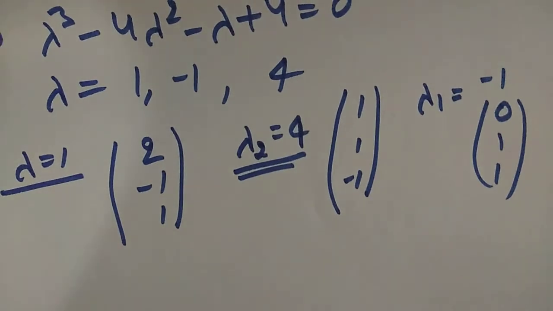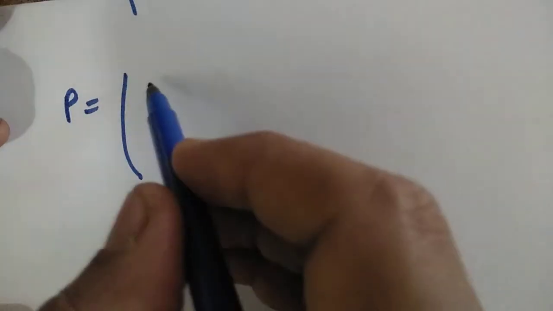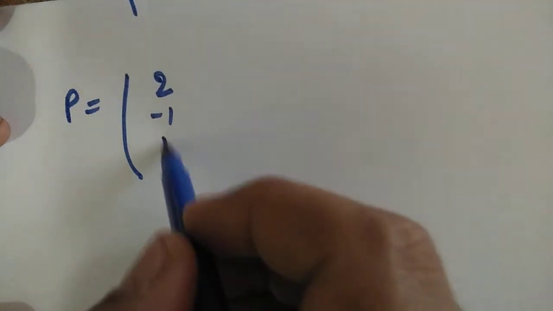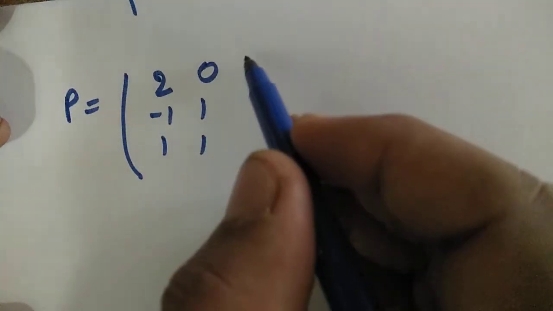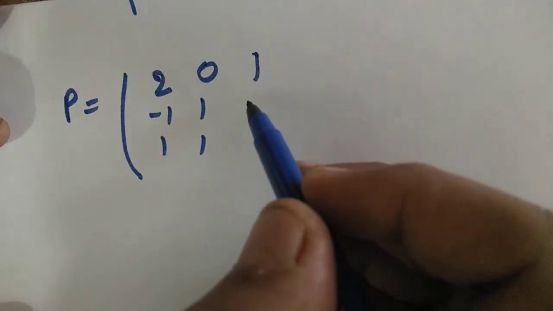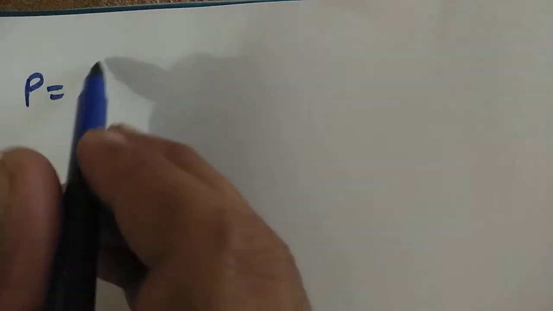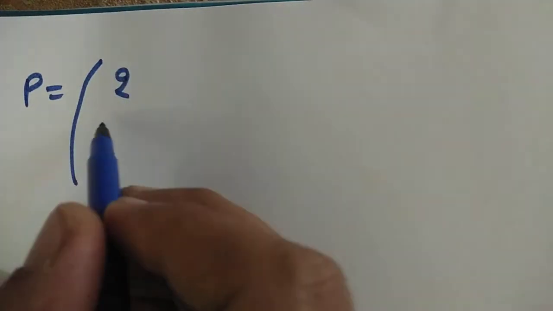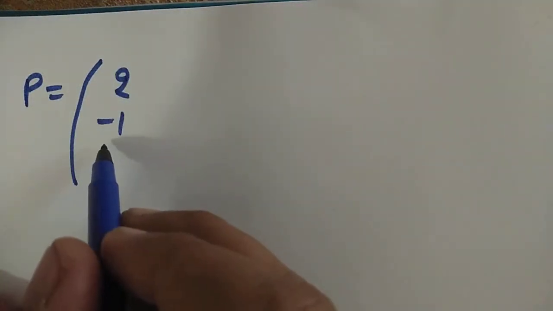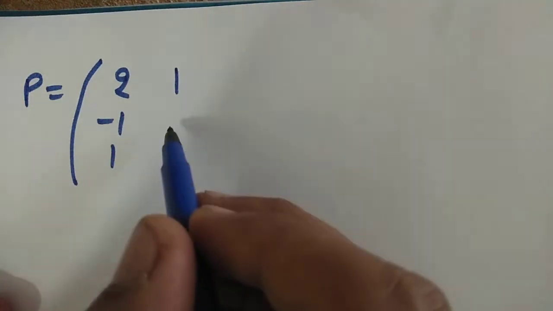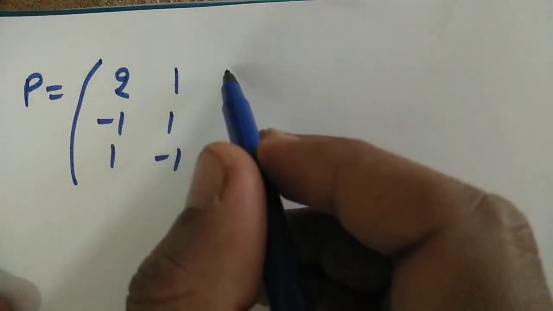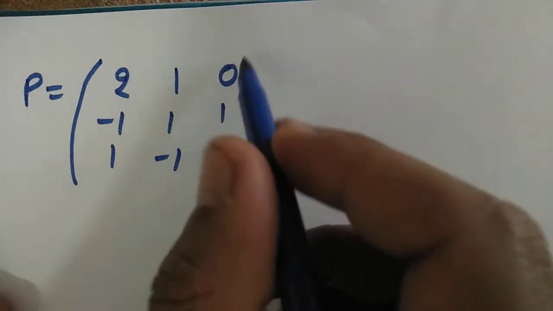Let us write the model matrix P. The model matrix P will be 2, minus 1, 1, 1, 1, minus 1 and 0, 1, 1.